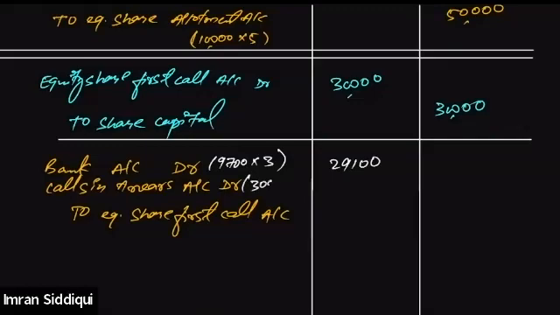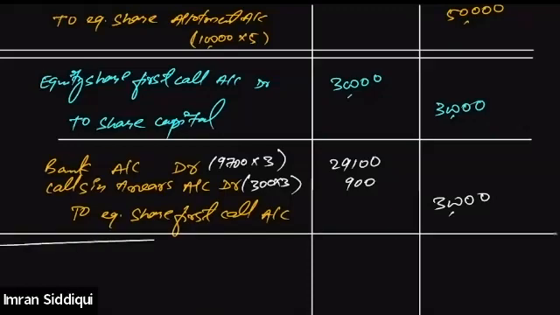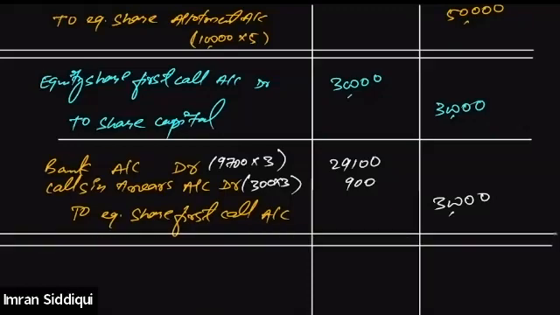And for 300 shares, we did not receive any payment towards the first call. That means 900 is still due. All right, and totaling this, we will be crediting the entire amount to the share first call account. Please tell me if the entry is clear, everyone. Yes, sir. Clear.